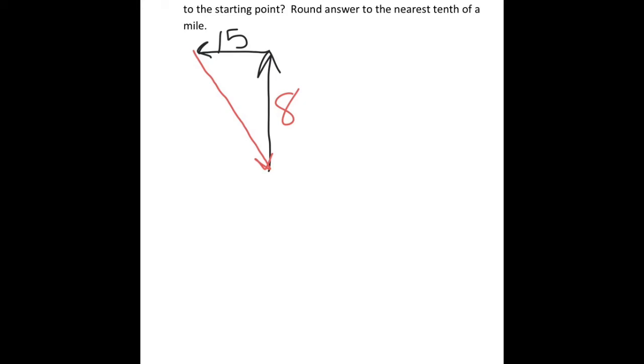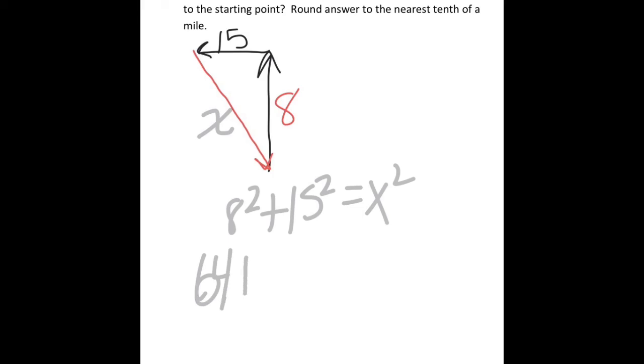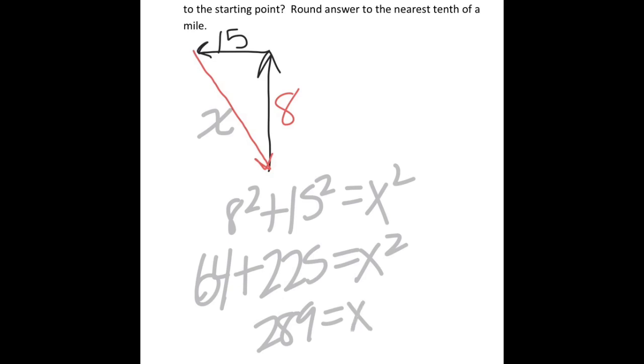All right, so we're going to have to use the Pythagorean theorem again. 8 squared plus 15 squared equals x squared. 64 plus 225 equals x squared. 225 plus 64 is 289. Take the square root of both sides, and I find out that the distance is 17. So 17 miles is how far she's going to run back.